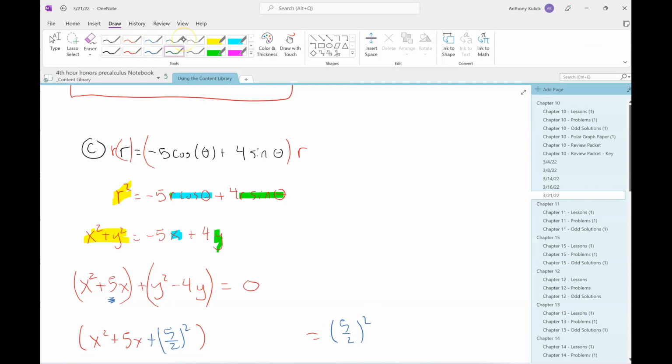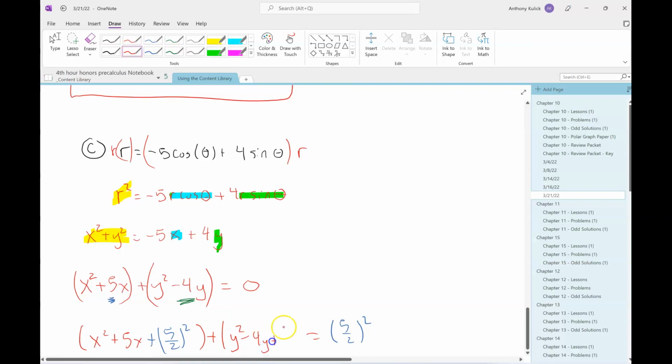Okay. And then what about the other piece? What am I going to have to do there? Negative 4 over 2 squared. Where is the 2 coming from? That makes it 0.5.